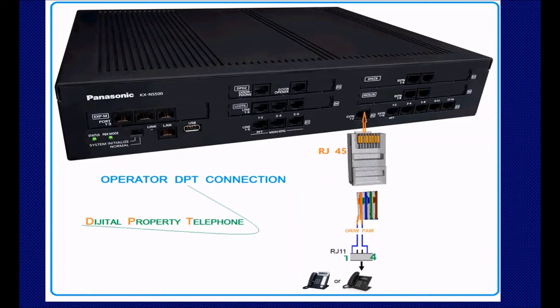For operator or digital phone connection, we will use RJ45 cable, and we'll use orange and orange white pair for extension 101, the operator, and the green pair, green and green white, for extension 102. 102 and 101 will be connected through orange pair and green pair, which is 1, 2, 3, and 6 points here. 1, 2, 3, and 6.